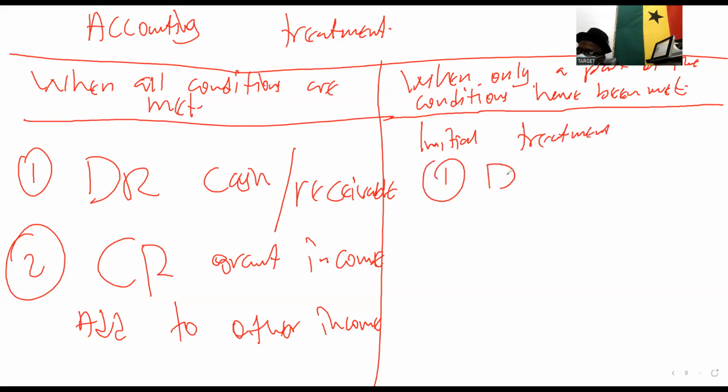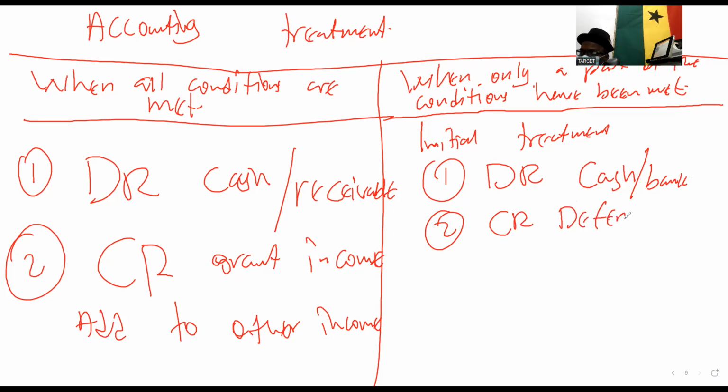One, you debit cash. Add the money to your cash, because the government has given you, say, $45,000 to employ 500 graduates over a 5-year period. Once the government gives you the money, debit your cash or bank. Number two, credit deferred income, because you have not fulfilled the condition yet.